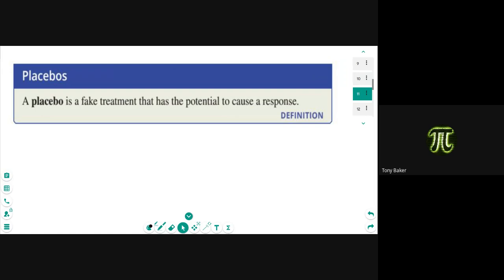And if you've ever read one of those little pamphlets with all the side effects, you will never take a drug again in your life, because every possible side effect is on there, including death on every one of them. So the placebo's there to monitor that and to get a little more control over it.